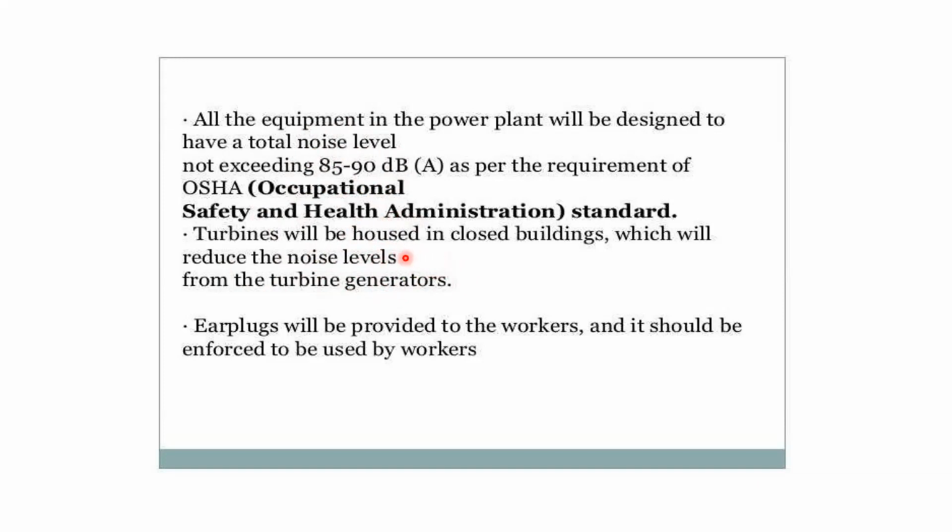I visited and saw these turbines are housed in plastic fiber or fiber material, so that the noise level is controlled to a marginal level. Outside the turbine house, I was wondering, I found very little noise in the 250, 500, and 660 megawatt plants.